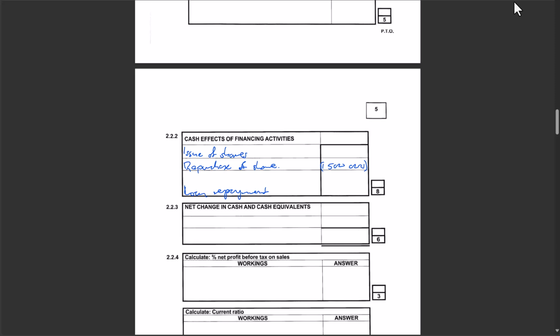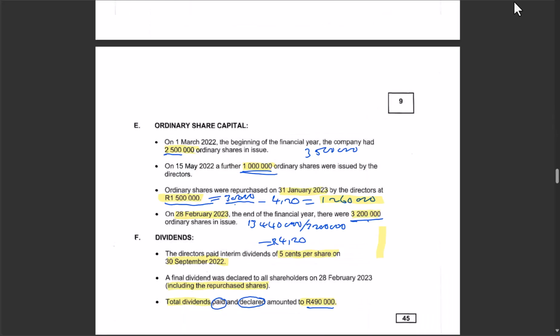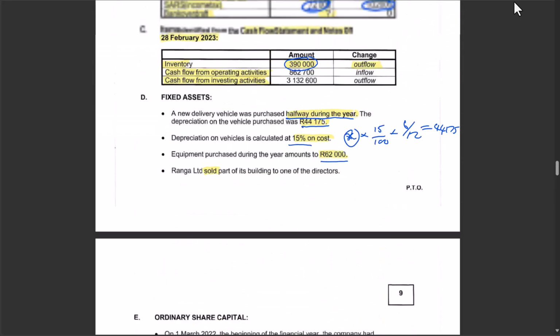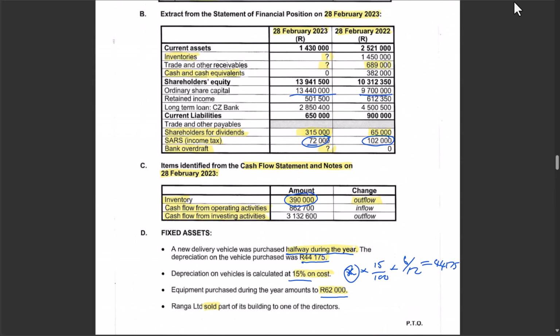I think it's 13 million, 13,440,000 plus this 1,260,000 to get them back to before repurchases, then minus the opening balance, which is 9,700,000.